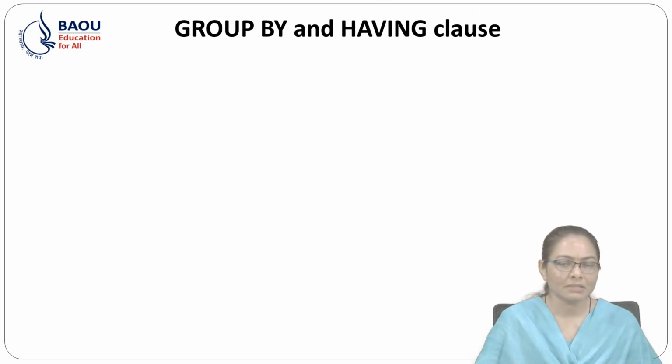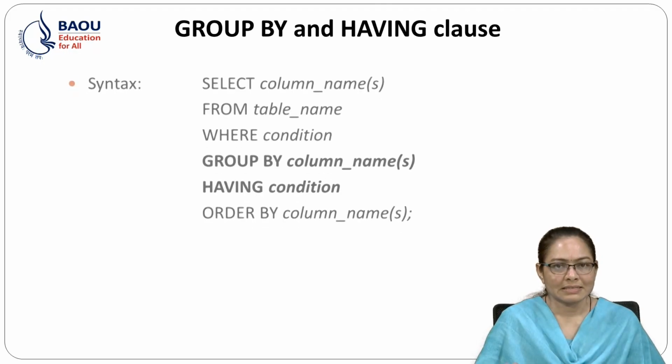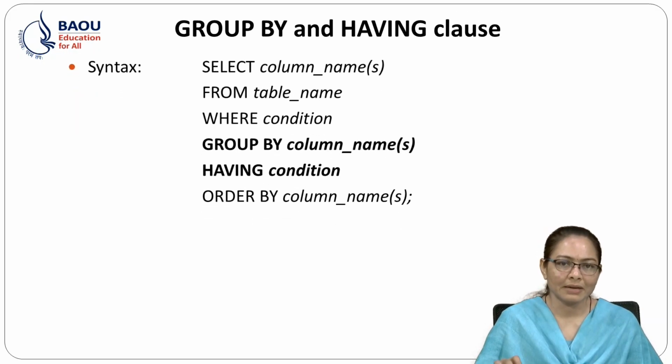See the syntax of the having clause. Select the column names from table names, then where condition, group by column names, having condition.